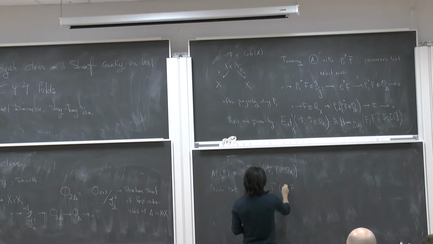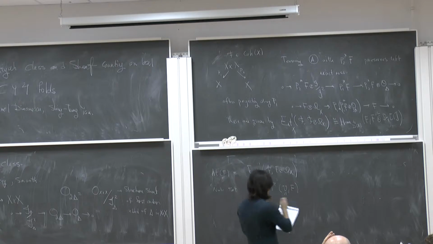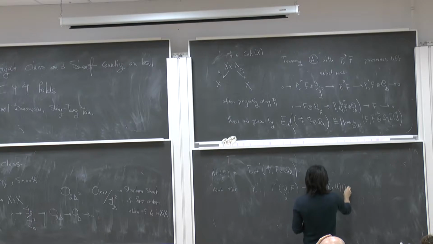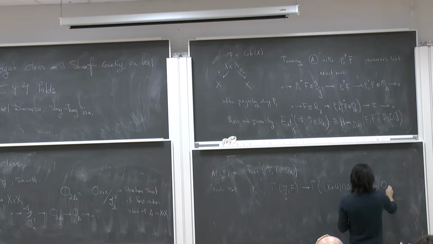Let's say U is some patch on X, some open subset of X. So it gives you a map from local sections of your sheaf F to the sections on X times U intersecting with the diagonal of the pullback of your sheaf tensored with O of 2 delta.